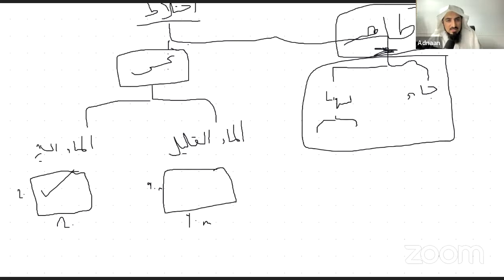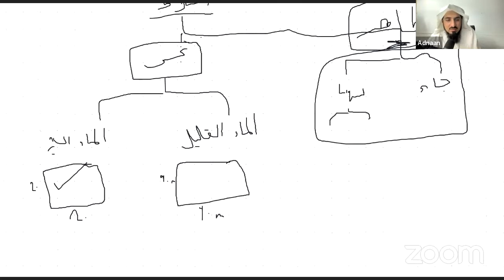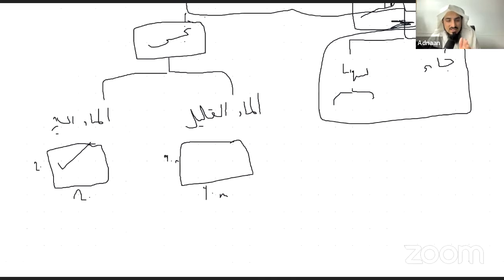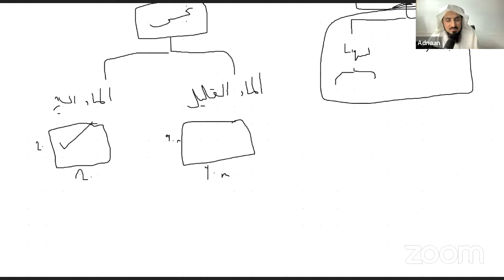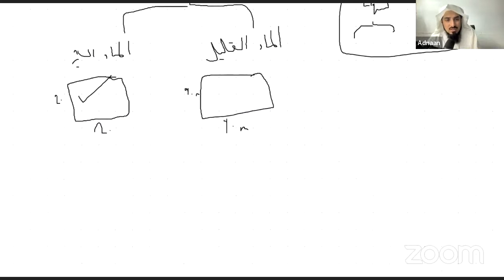After that, what they tell you is at times something may die in the water. Say you've got a well. I generally give an example of a well or a lake, and they have a special chapter coming. But for now, if something had to die in this water, this thing could be an insect. They say ma la dama lahu sa'ila, it doesn't have any flowing blood in it.